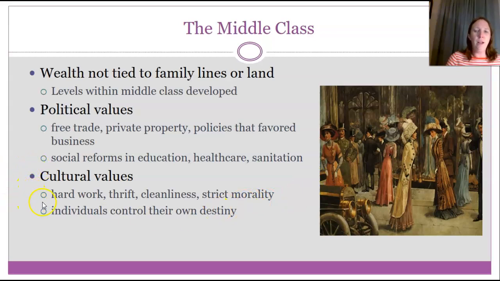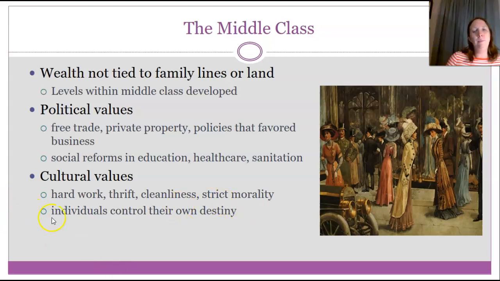Culturally speaking, the middle class tended to value hard work, thrift, in other words, being careful with your money, cleanliness, and strict morality. So there was still kind of a proper way to live in society to be seen as a respectable young man or young woman.